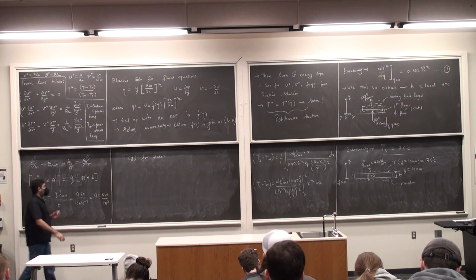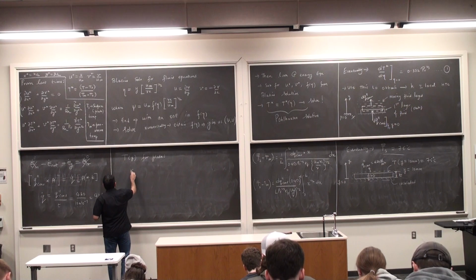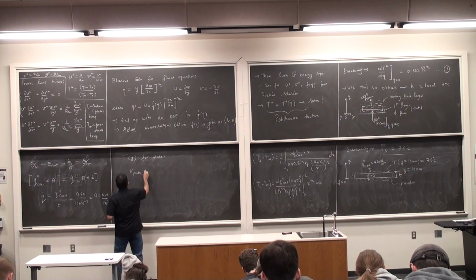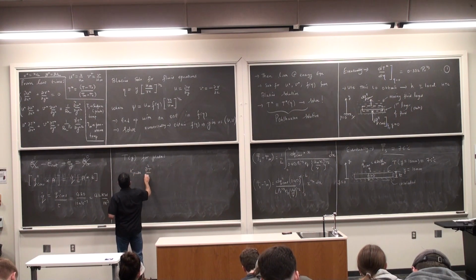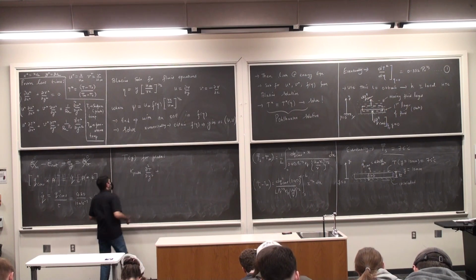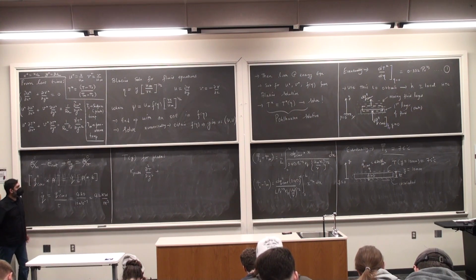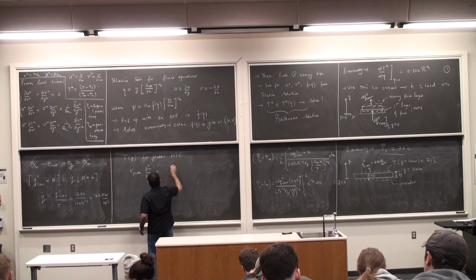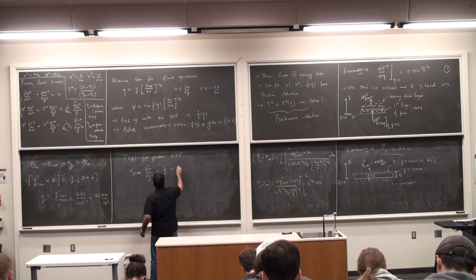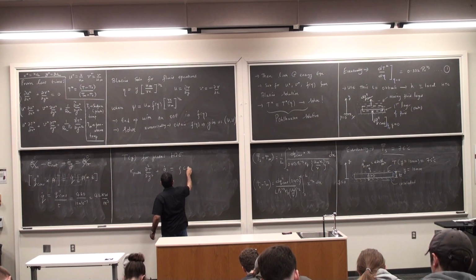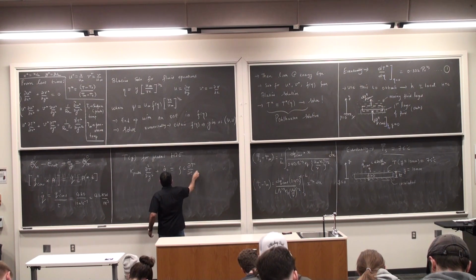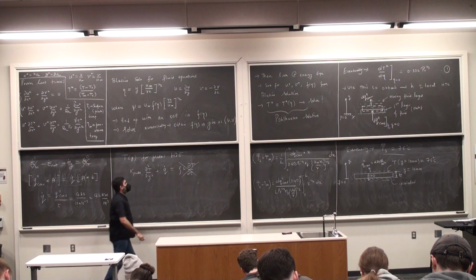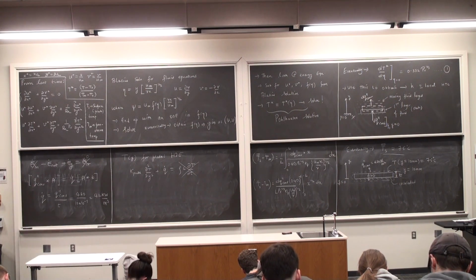So this is going to be K of the plate, d square T, instead of X you have Y. One-dimensional heat diffusion equation, plus Q dot is rho C dT by dt, which is 0.